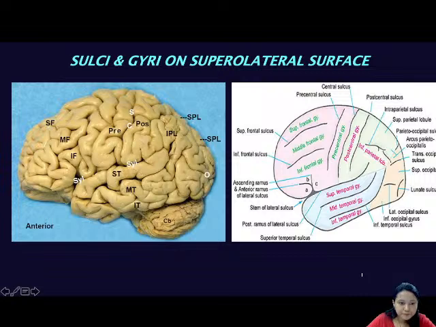In the parietal lobe, we will see it as lobule. So in the frontal part you have the superior, middle and inferior frontal gyrus and the precentral gyrus. Posterior to the central sulcus, you have the postcentral gyrus, the superior parietal lobule, and the inferior parietal lobule.